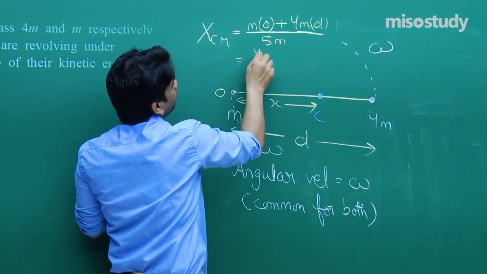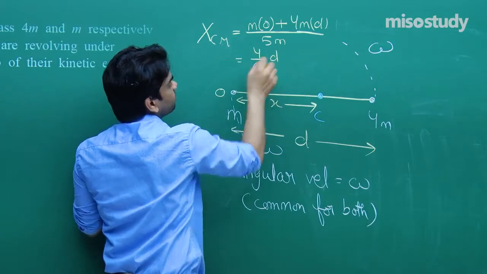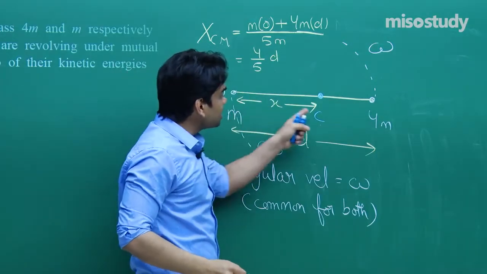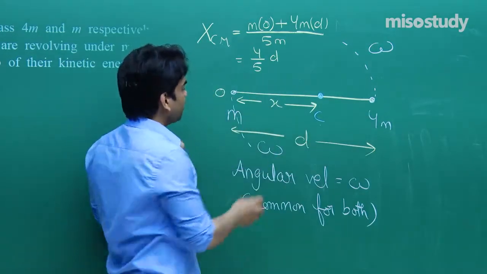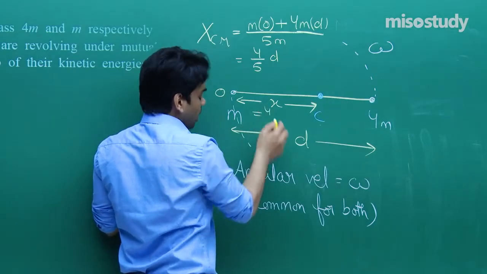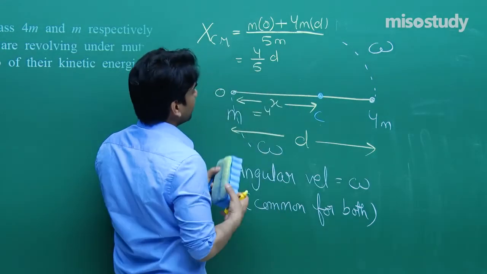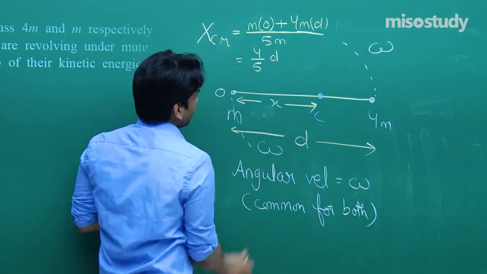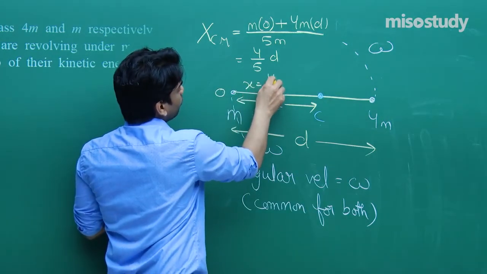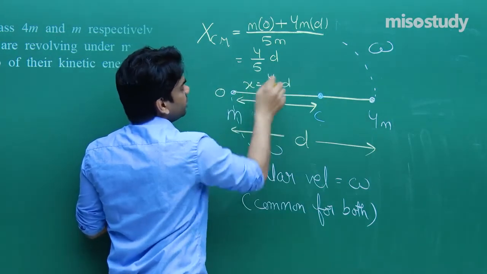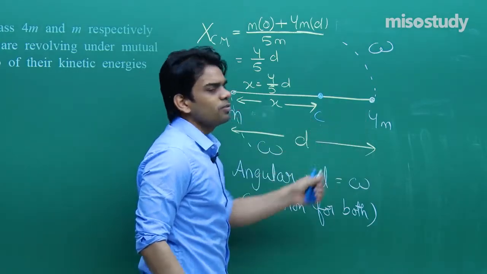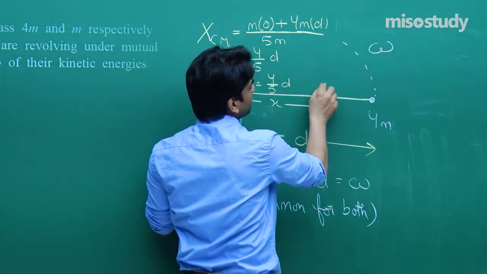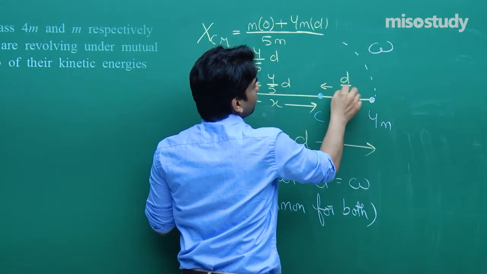So this comes out to be 4 by 5 d. That means this distance is 4 by 5 d, and quite obviously the other separation will be d by 5.